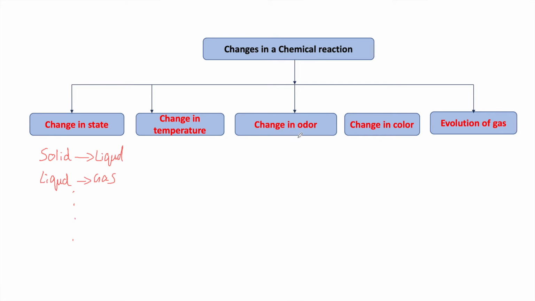We can easily identify a change in smell during a chemical reaction. Change in color. Any color change is possible in a chemical reaction according to the reactants and products. Evolution of gas means gases like hydrogen, oxygen or carbon dioxide can be evolved during a chemical reaction.